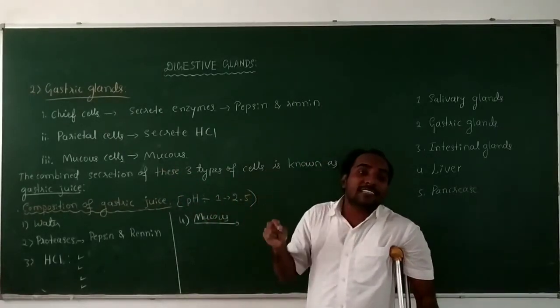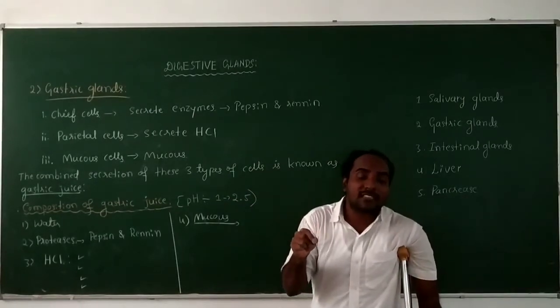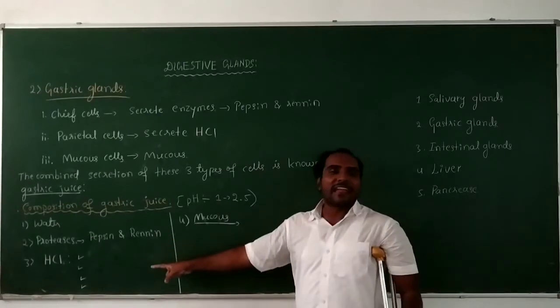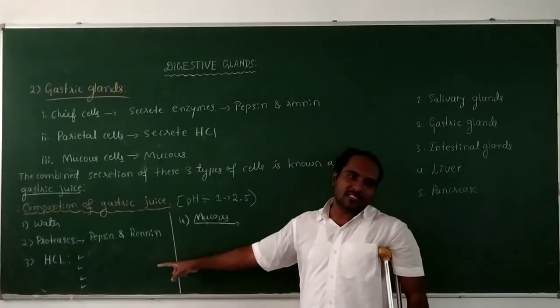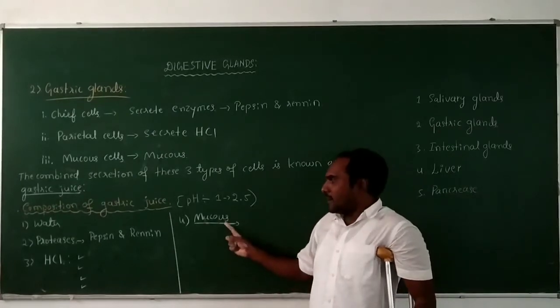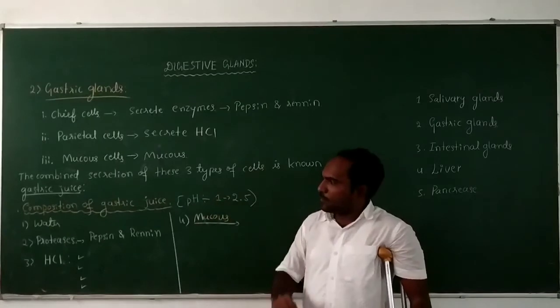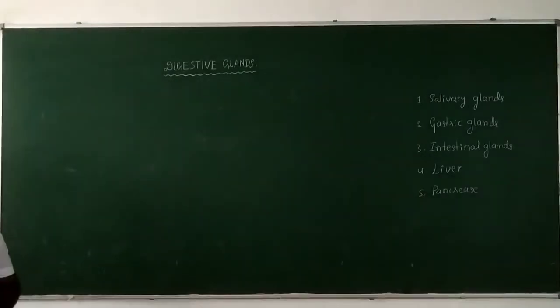It protects the mucous membrane of the stomach from being digested by proteases and HCl found in the gastric juice in an empty stomach. Got the idea? This is the important function of the mucus. This is about the composition of gastric juice.